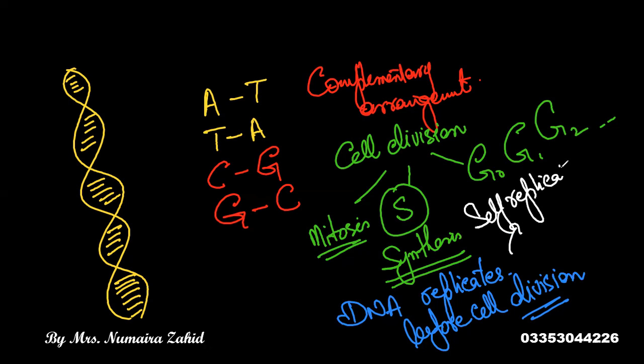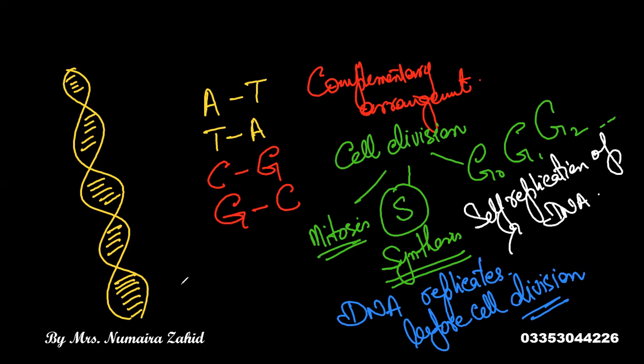When DNA replicates itself, it is called self-replication of DNA. The DNA replicates itself when the hydrogen bonds holding the double helix of DNA are broken from one end to the other, like unzipping.